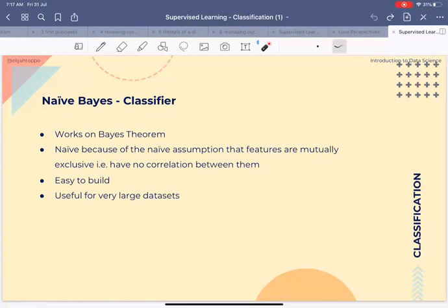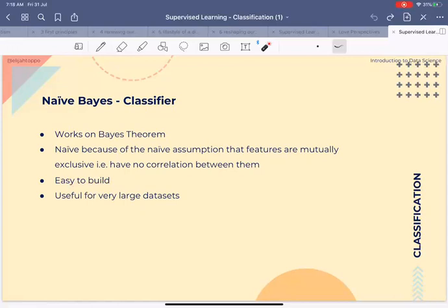And this bias may actually help us, or this bias may actually destroy our generality, which means that for unseen cases, we may not have very good results. So we'll look into more of this as we go deeper into the example. Further, we see that naive Bayes is very easy to build.